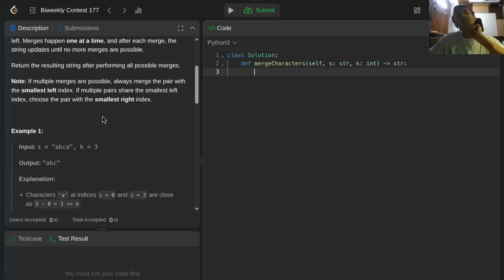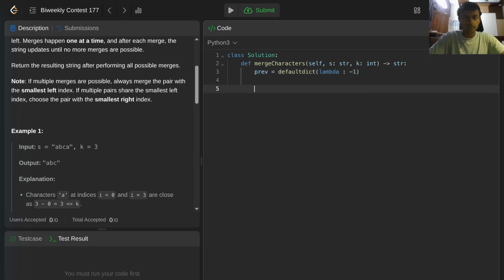So I have to find previous of a. Okay, so previous is equal to defaultdict lambda, let's say -1.